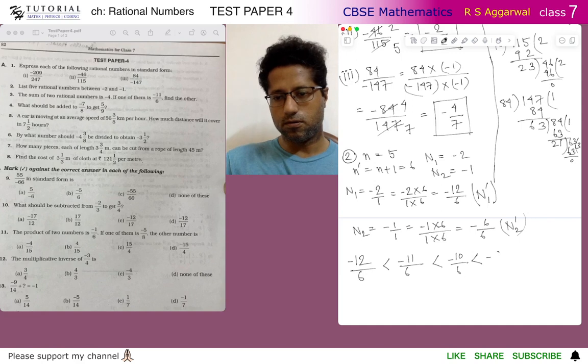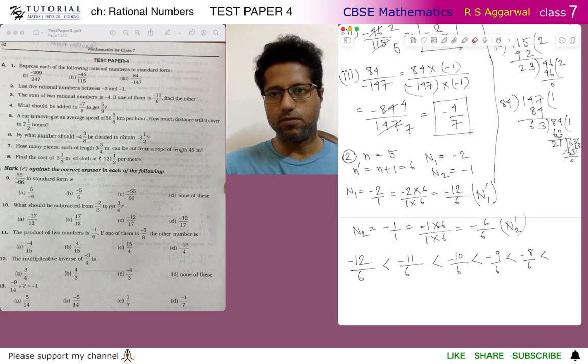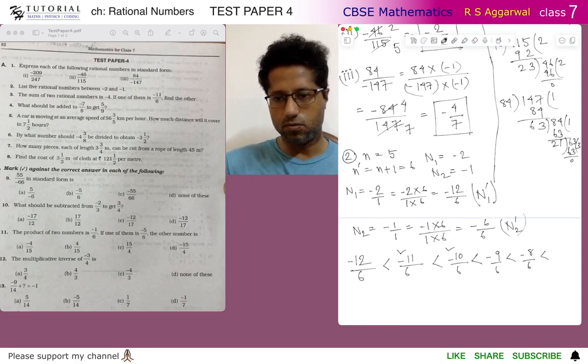So we keep on generating those rational numbers: 1, 2, 3, 4. So we have already found 4, and another one will be minus 7 by 6.